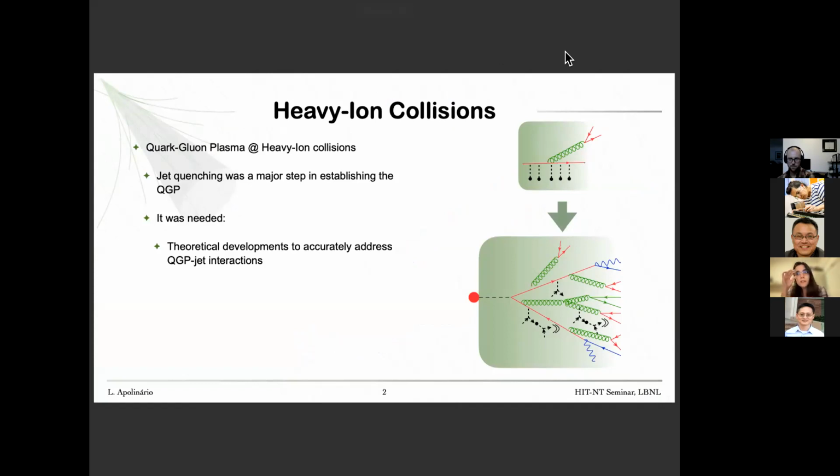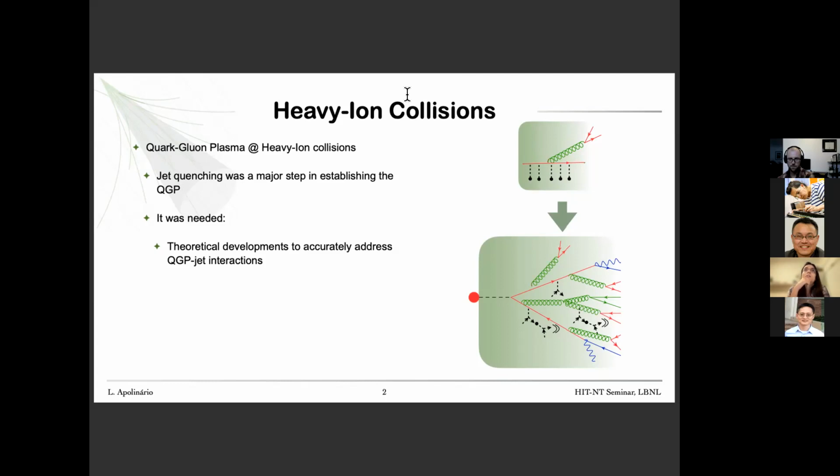In fact, it's one of our standard candles and also one of our problems when moving to lighter systems, in which we see a lot of quark-gluon plasma signatures, but not the presence of energy loss effects.